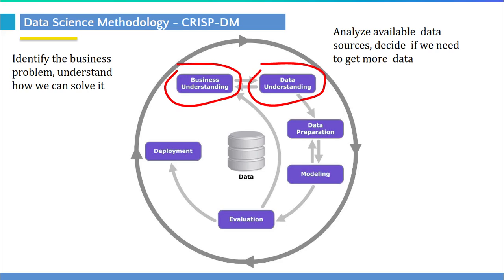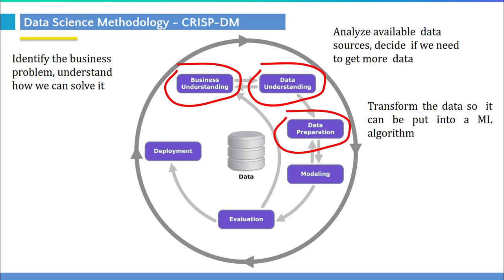The business can give some data, your vendors can give some data, your partners can give some data. So we should understand what exactly our business objective is, and what data might be useful or relevant to achieve it. That's the data understanding, the second step in the entire process.